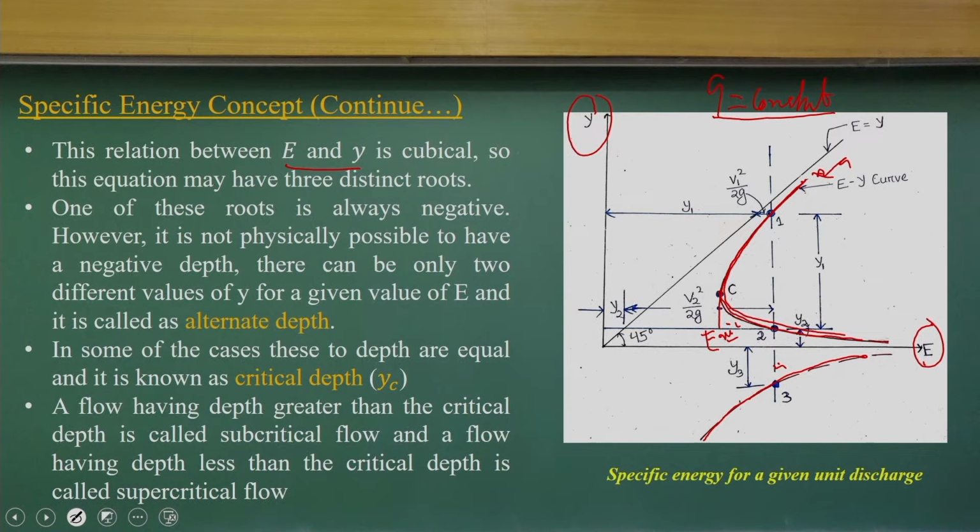If the flow is happening at that minimum specific energy, the corresponding flow depth is called the critical depth. That means the critical depth, at that particular discharge per unit width, occurs at the point where specific energy is minimum.